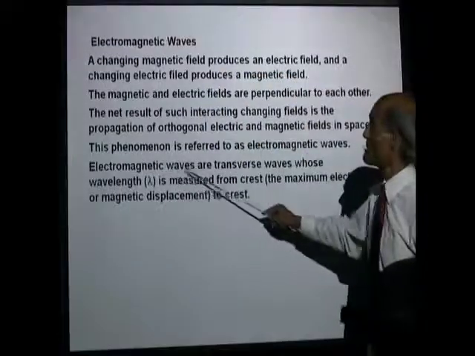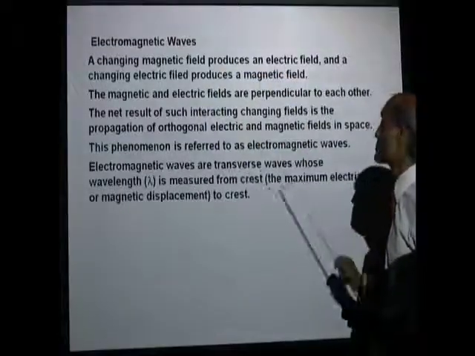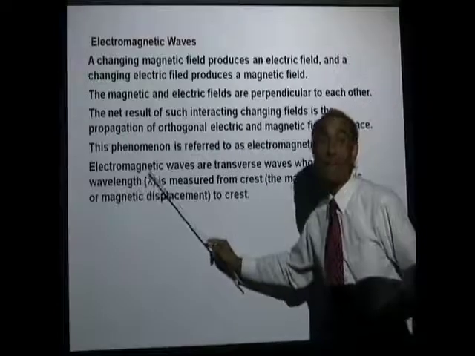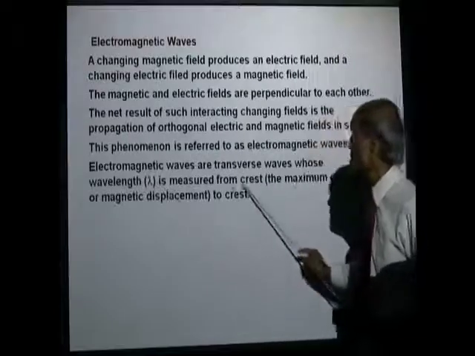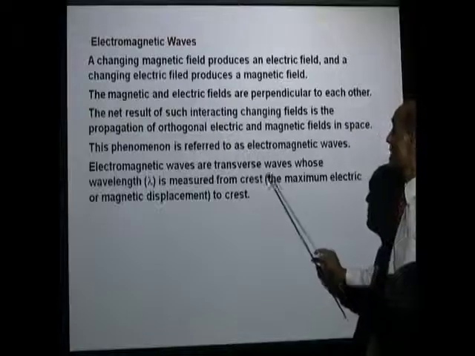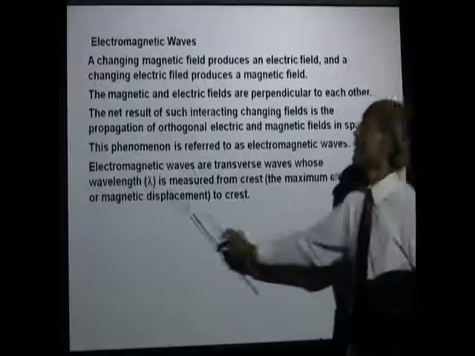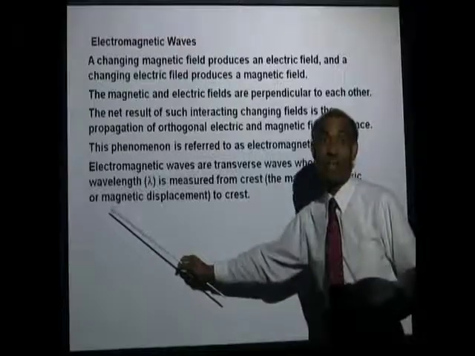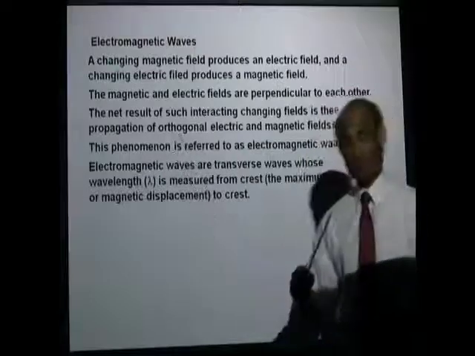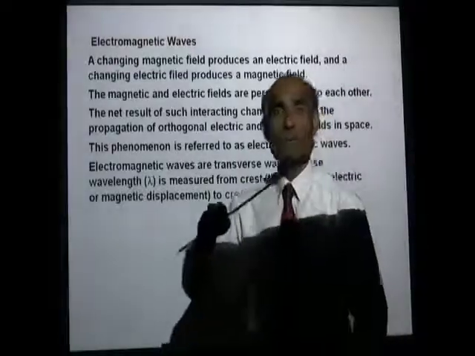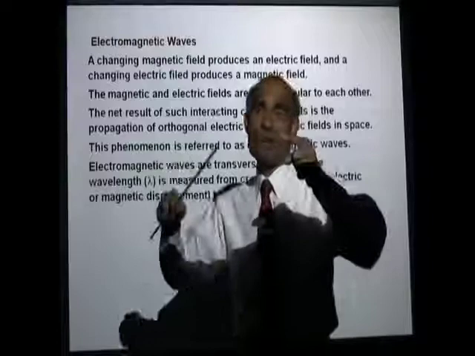Now, electromagnetic waves are transverse waves whose wavelength lambda is measured from crest to crest, that is, from maximum of electric or magnetic displacement. You are familiar with transverse waves.